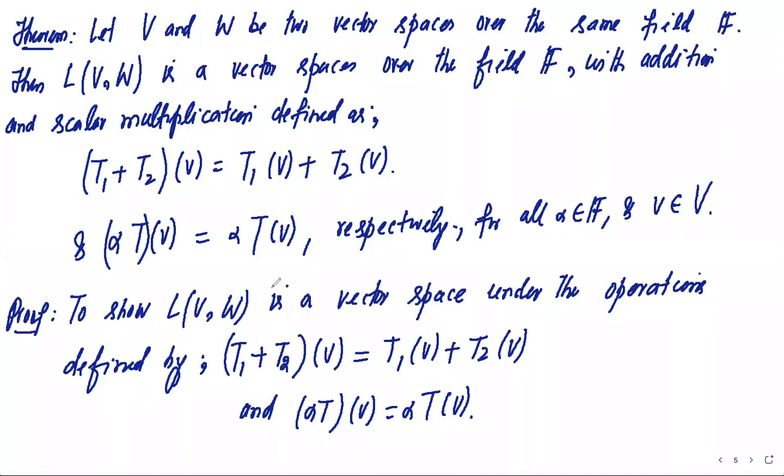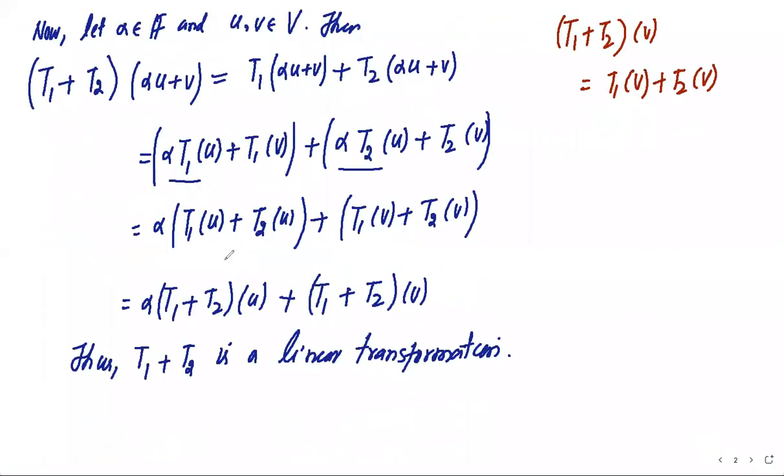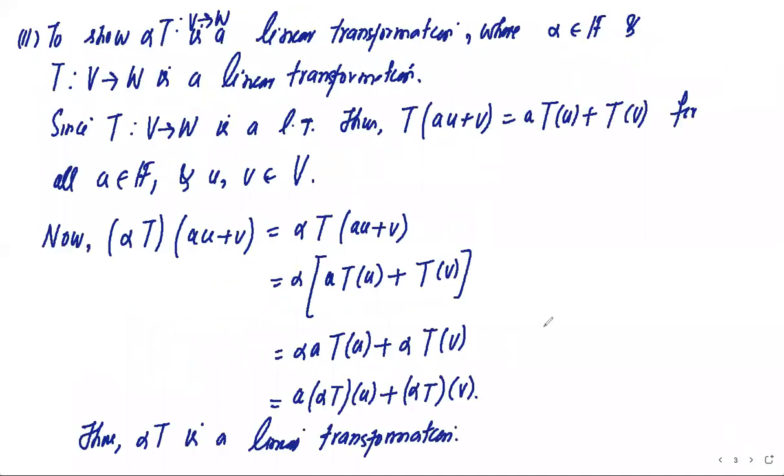Okay, very good. Let me tell you roughly what you have to do. First we have to show this is closed. To show closed, we did the previous theorem, the operation is closed, and for that we showed T1 plus T2 is a linear transformation. So this theorem says that these two operations are well defined and they make this L of V, W closed under these two operations. First we had to show T1 plus T2 is also inside L of V, W, which we showed here. Then we showed alpha times T is also a linear transformation, so L of V, W is closed under these two operations.